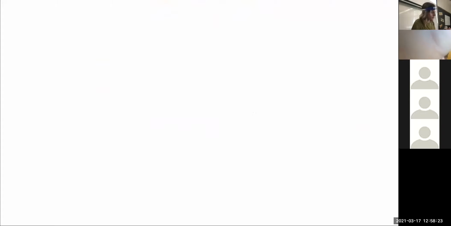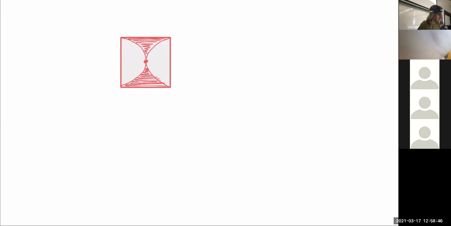Hopefully they'll be good ones. So number 30 on 10.7 starts with a square that has 2 semicircles. Pretty good, you guys, man. Doesn't happen very often. Okay, so it looks like this.